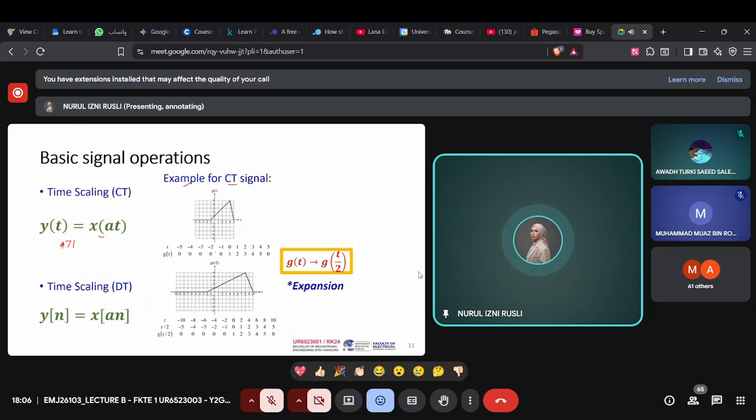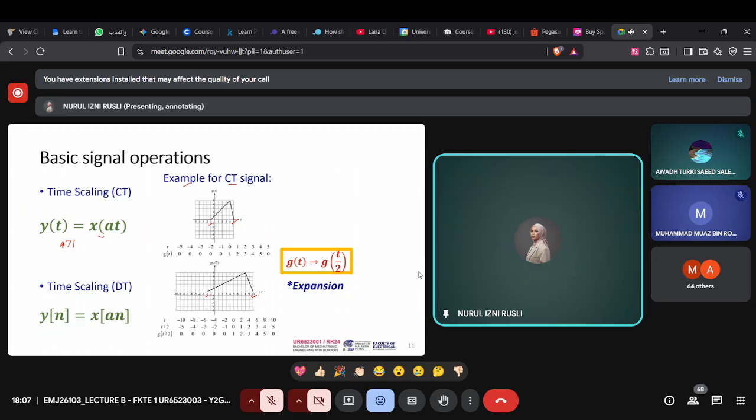You could see that now the time 5 is no longer 5, but whenever you have t over 2, it is going to be 10, because you have to multiply by 2. And whenever you have time of minus 1, you multiply by 2, that's why you get minus 2 in this case.